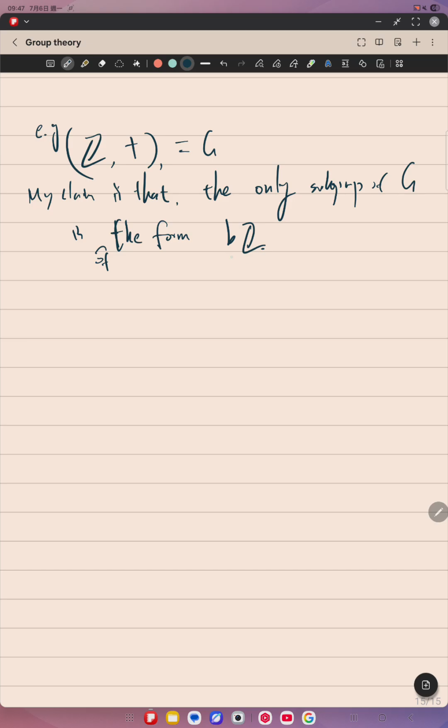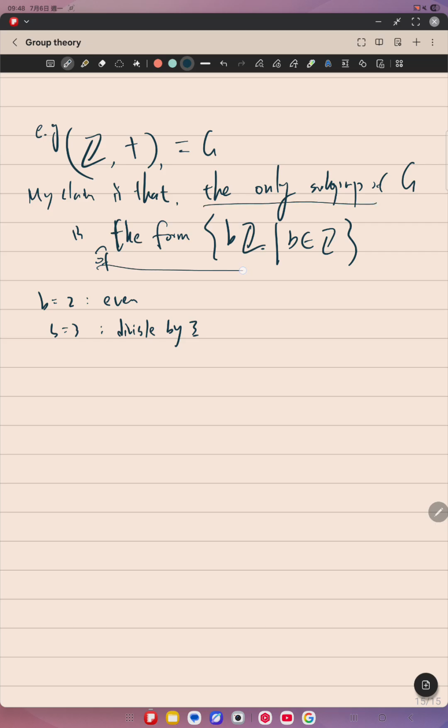If b is 2, it's all the even numbers; if b is 3, it's all the integers divisible by 3. So every subgroup of G always has this form.